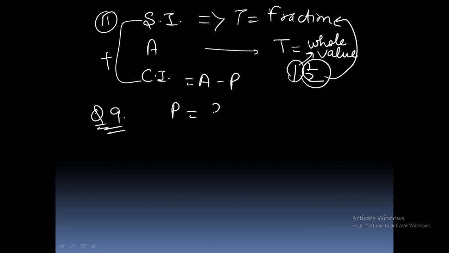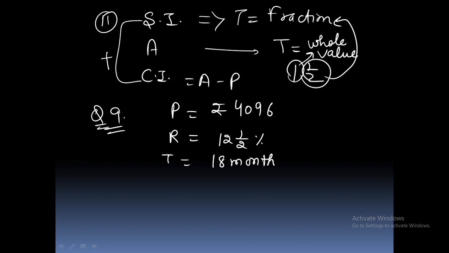Principal amount is given, that is 4096. Rate of interest is given as 12 and 1/2%, and time is given here as 18 months, and convert it into years by dividing by 12. You will get 6 3s are 18, 6 2s are 12, that is 3/2 year.